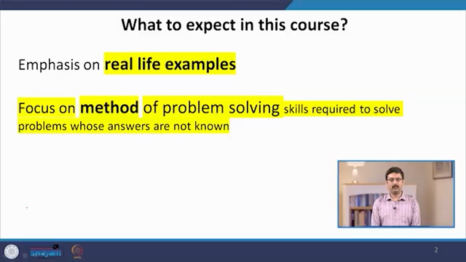Before that, the second focus of this course will be problem solving, and my goal is to develop a general strategy, a general way of thinking about how to approach any mechanics problem.